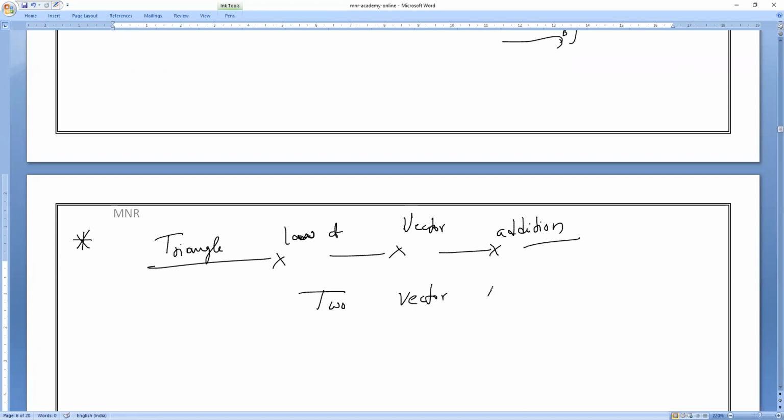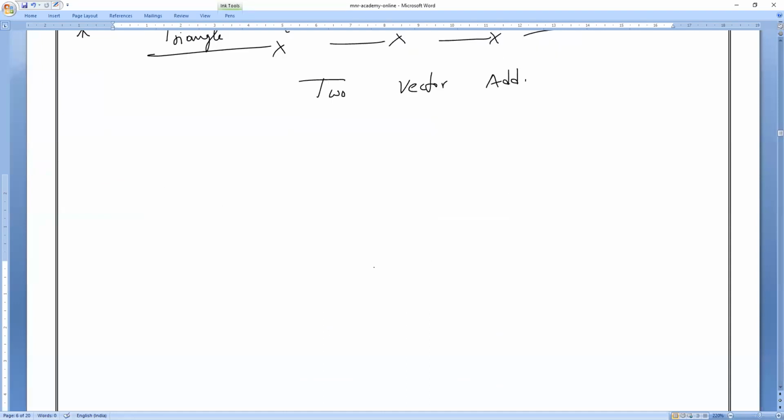It is very simple. First write the definition and then we'll proceed with the explanation.